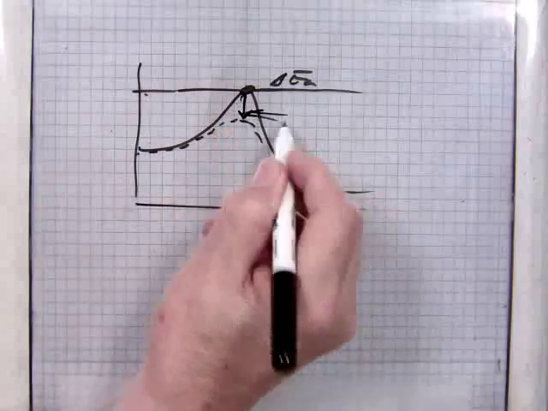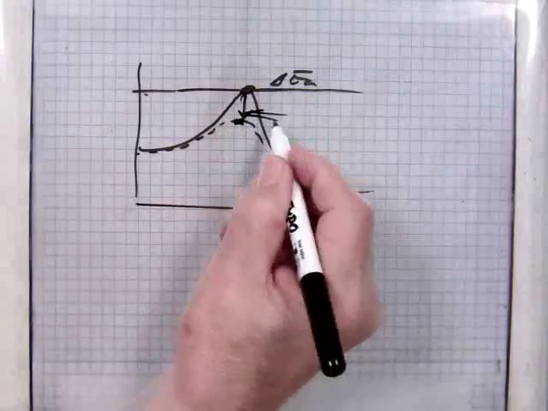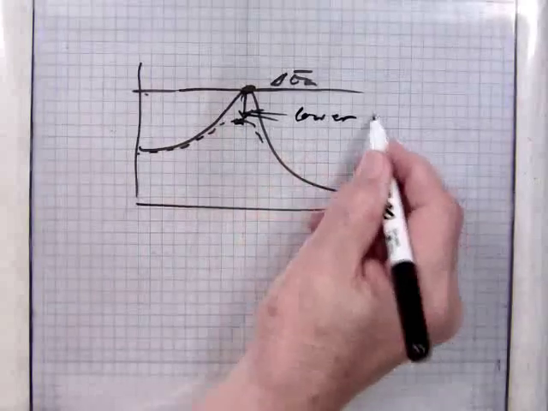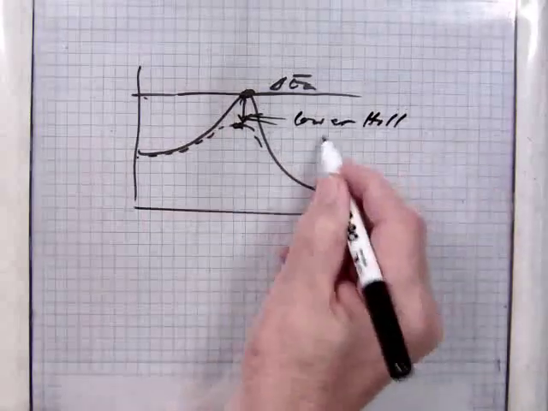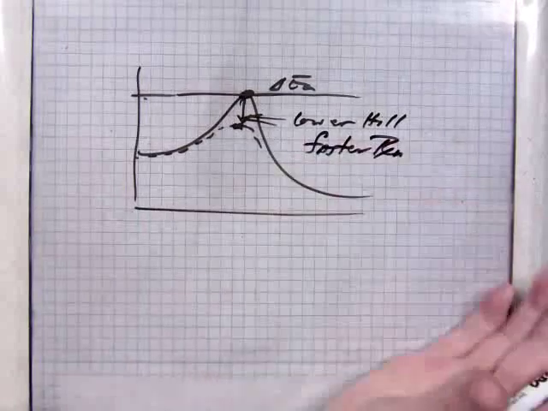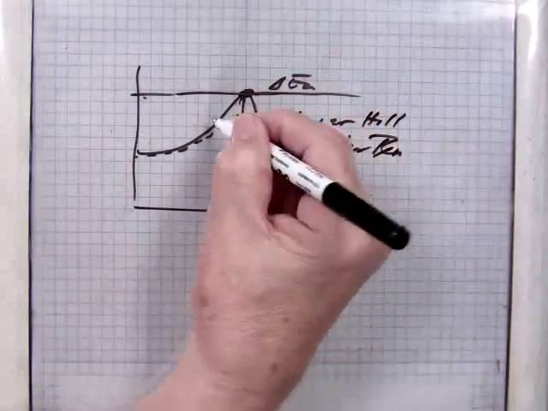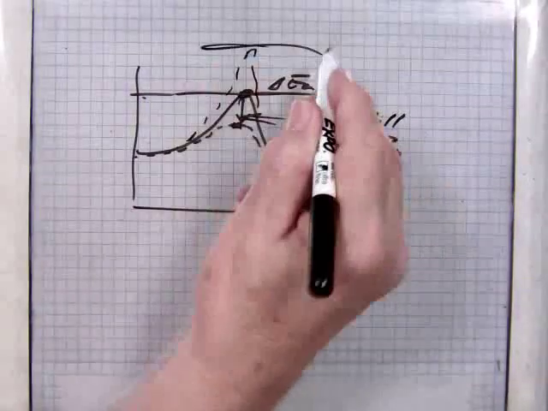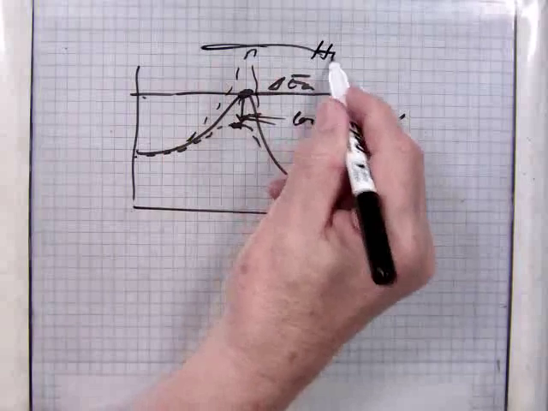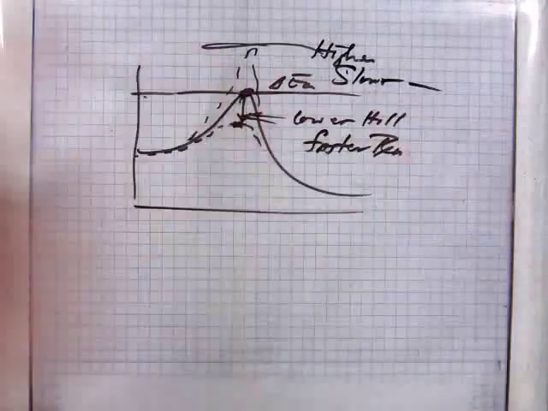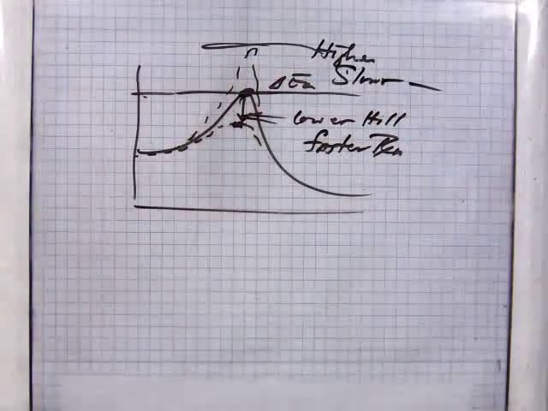So that is a new activation energy, a lower hill, a faster reaction. That's how catalysts work. Or if you put something in that raises the activation energy, that's a higher hill, a slower reaction.